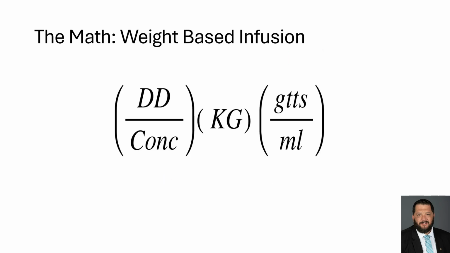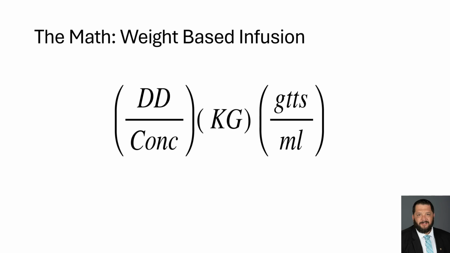Let's talk about the last step, which involves all three portions of the medication calculation formula: desired dose over concentration, times a weight in kilograms, times your drips per milliliter or drops per milliliter. For this problem, you'll start the same way you started all of the others.